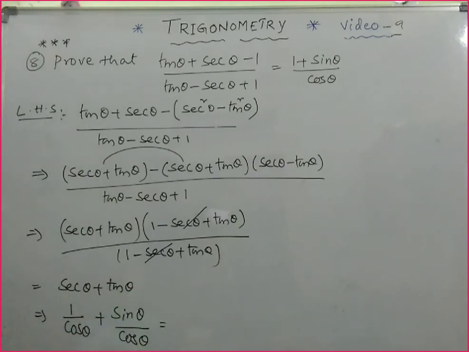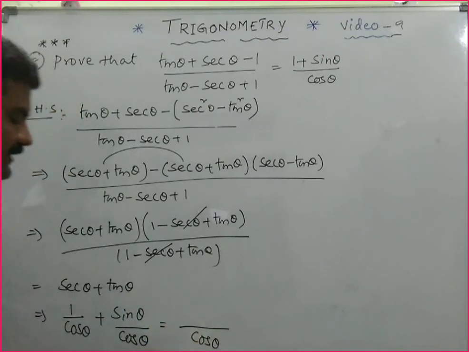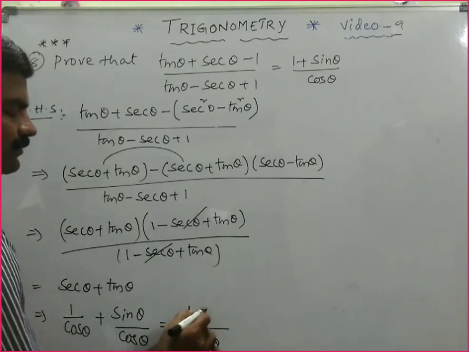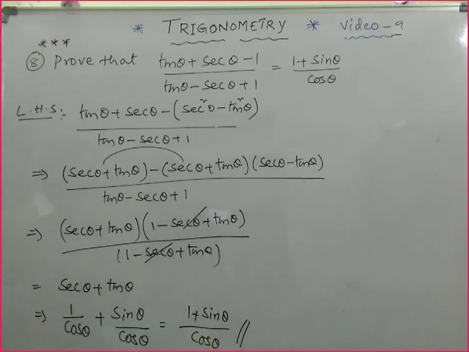Right? Now denominators, you can observe that both are having same denominator. Hence LCM is cos theta. And when the denominators are same, can add the numerators directly. 1 plus sin theta by cos theta, which we need to prove.